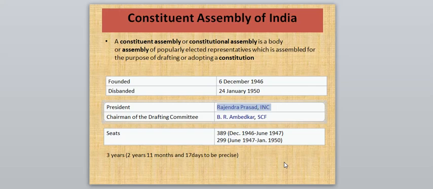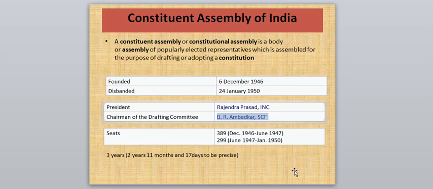this Constitution Assembly. Now, the chairman of the drafting committee, who will prepare the draft, who will write the constitution, is Dr. B.R. Ambedkar. We all know that he is famous for his agitation against caste division and caste-based inequalities.